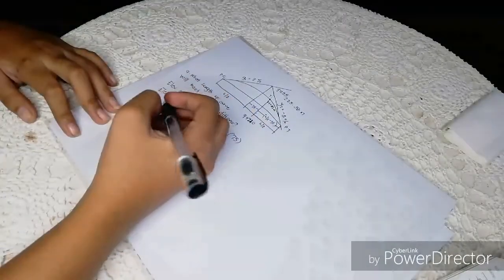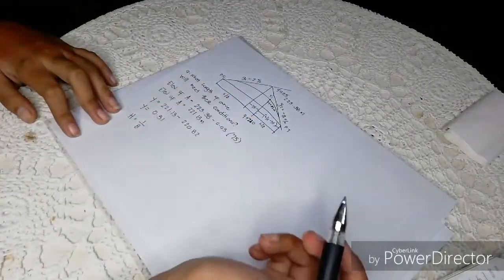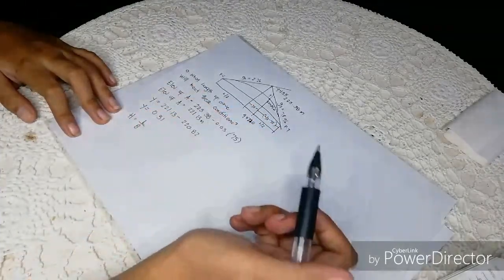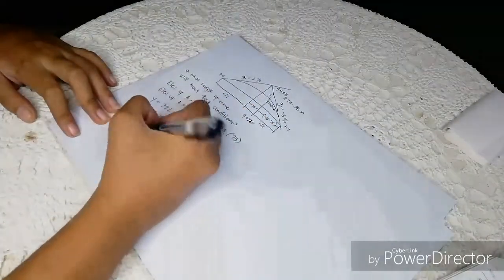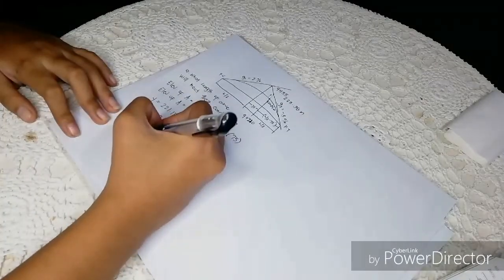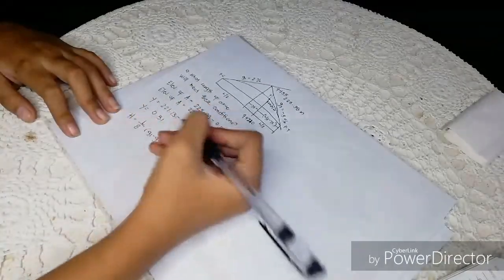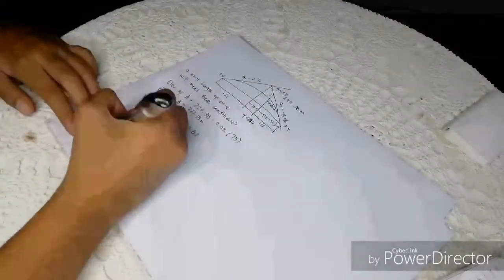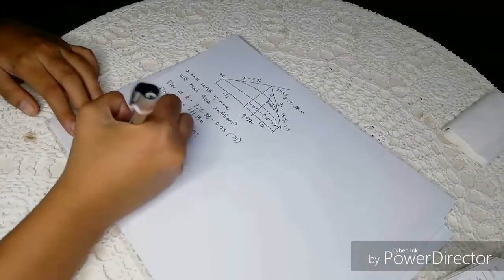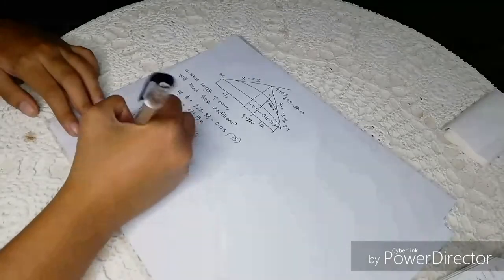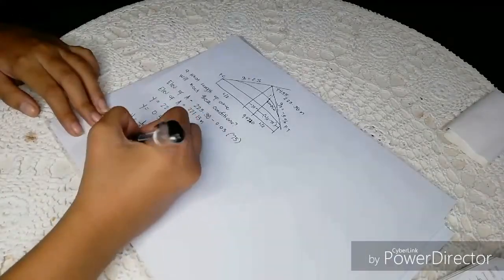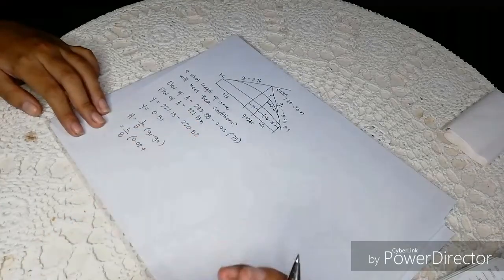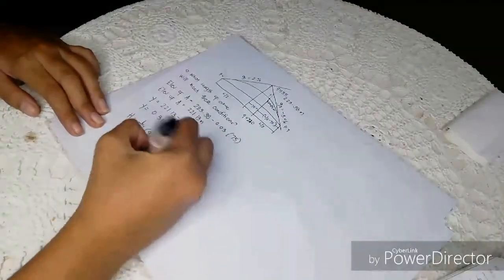H is equals to L/8 times G1 minus G2 is equals to L/8 times G1 0.02 plus negative positive 0.03.